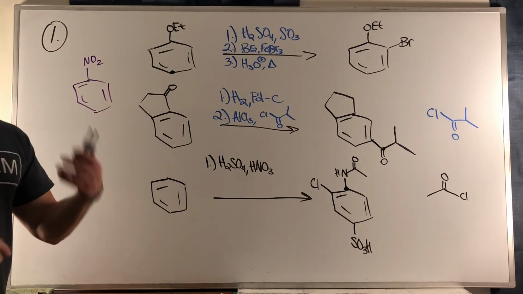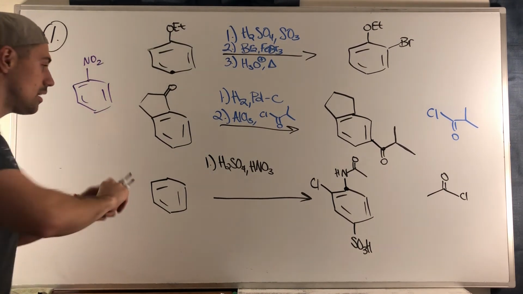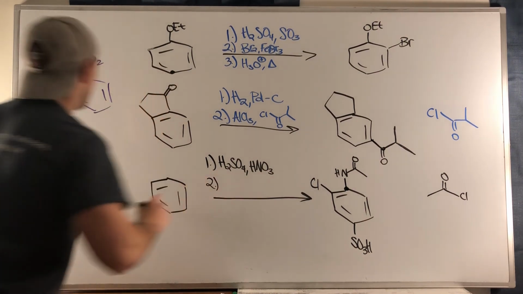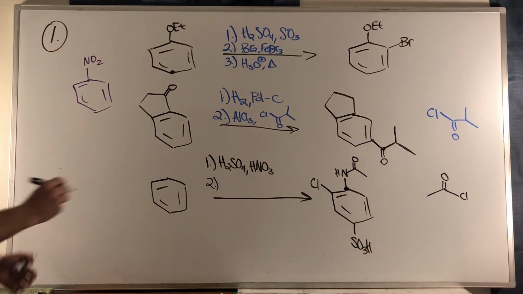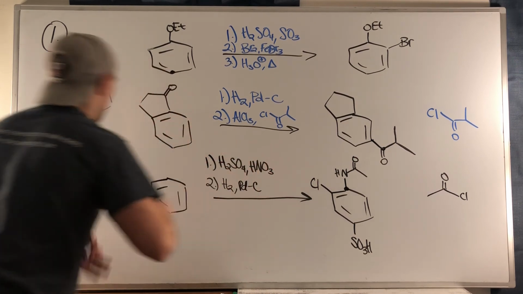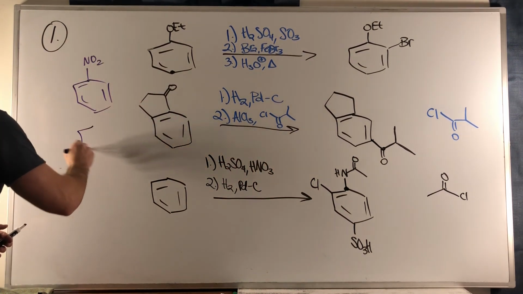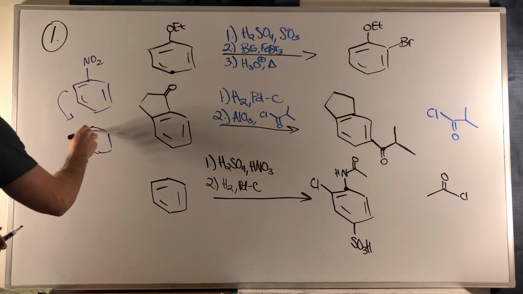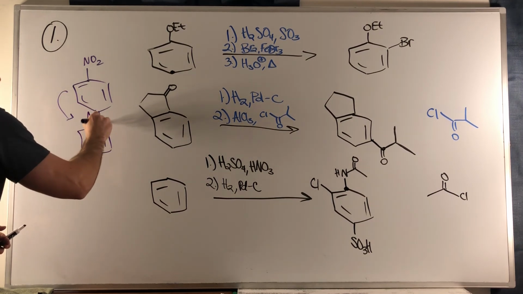Then again, you can use your reduction method of choice because we need to make this nitrogen less bonded to oxygen. I'm going to go ahead and use my good friend H2/Pd-C. It's always been there for me. So in doing that, you'll get an NH2, okay?